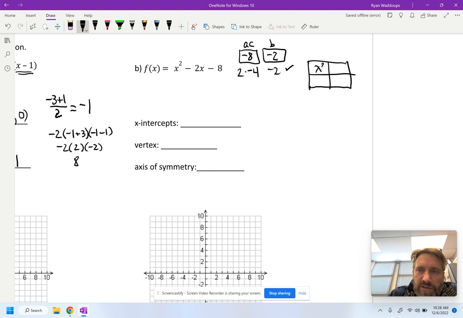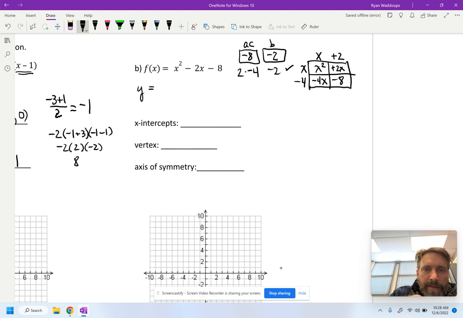I get x squared minus 8 plus 2x and minus 4x, and then factor out the GCF of each row and each column. I get my factored form, f of x. I'm going to switch that f of x out just for y.